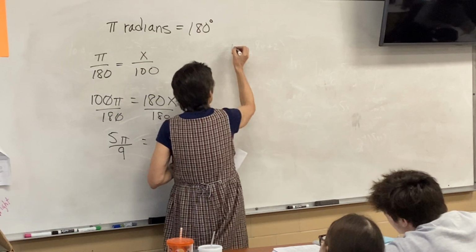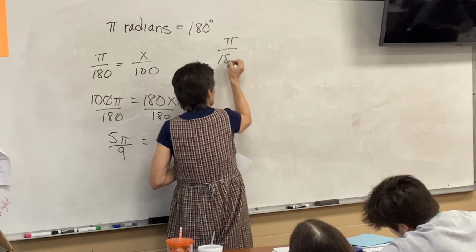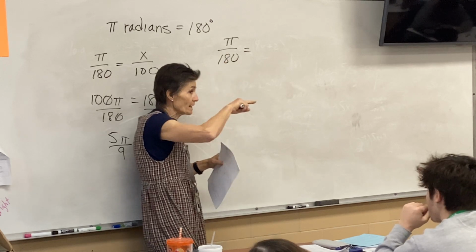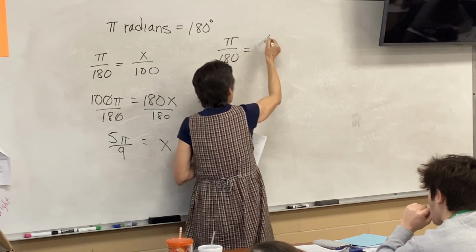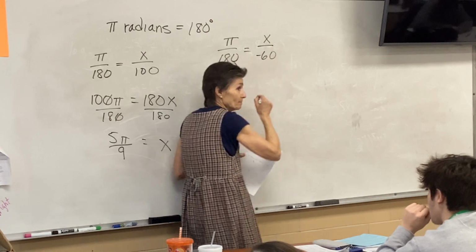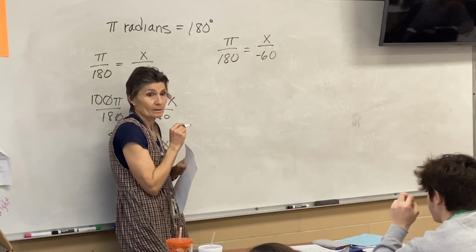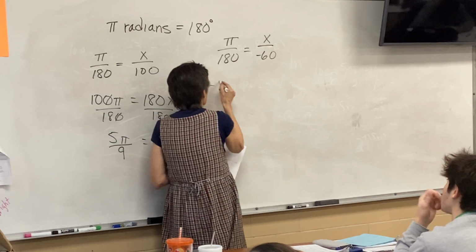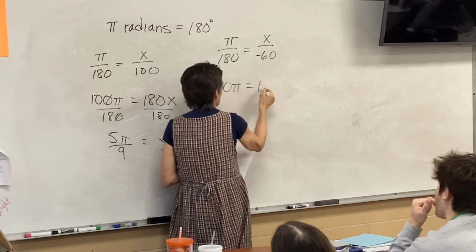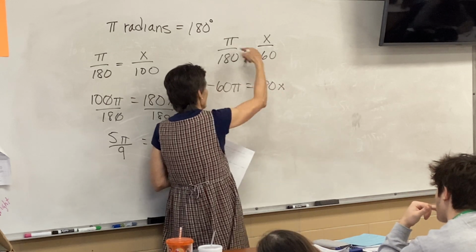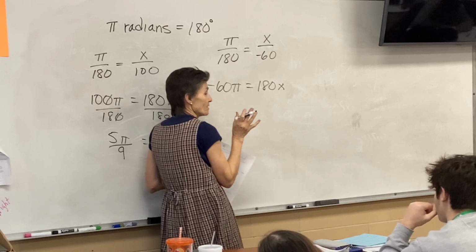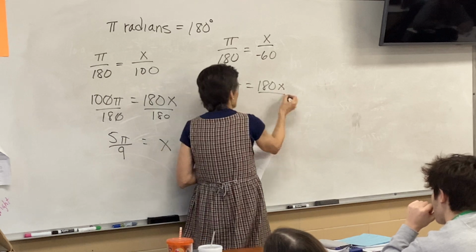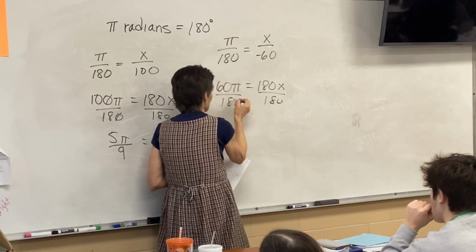Negative 60. Pi is 180. That never changes. That's fact. So what is negative 60? Does that make sense to you? So negative 60 pi equals 180x, cross multiply. The negative doesn't change anything about how you do the problem, you just have to have it. Then we're going to divide by 180.